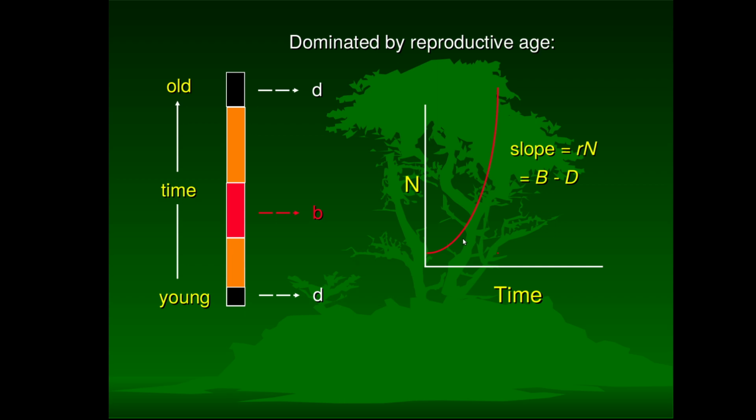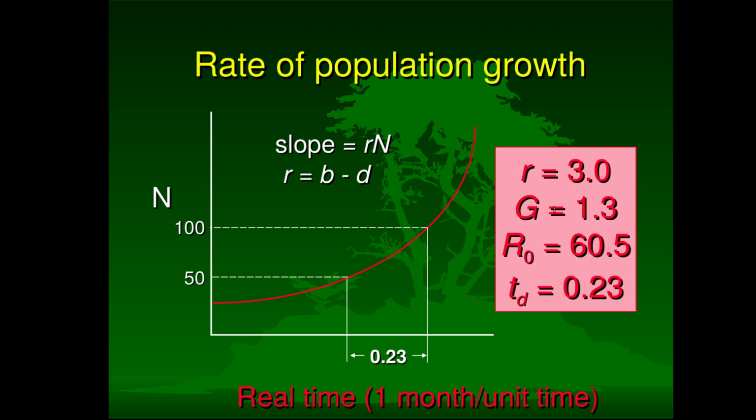The rate of increase depends on the age structure of the population, or the proportion of individuals in each of the 3 age classes. So if the rate of increase depends on the age structure of the population, then what do these numbers mean that we just calculated? I mean, obviously, an R of 3.0 is not going to be true if it's just old individuals in the population, right? Because they're not reproducing.